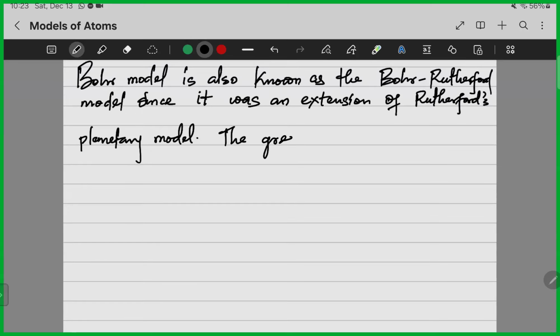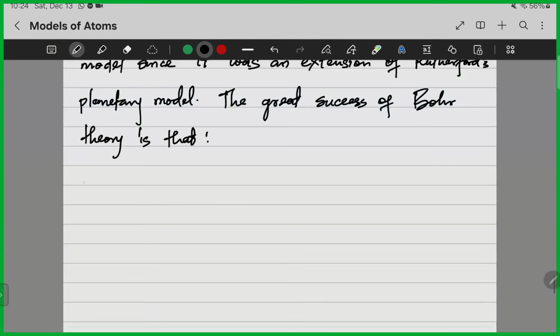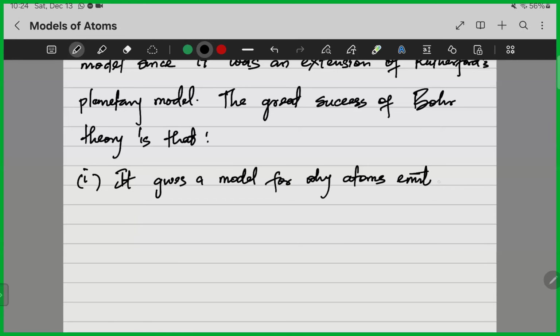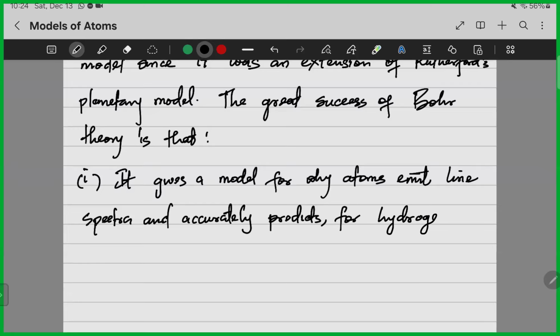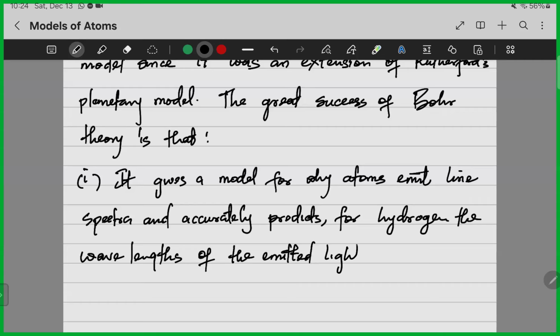The great success of Bohr theory is that it gives a model for why atoms emit line spectra and accurately predicts for hydrogen the wavelength of the emitted light, or the frequencies.